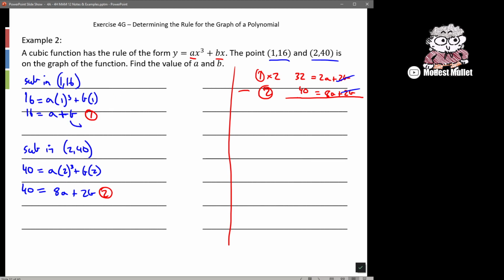But I can also rearrange equation 1 to make a equal to 16 take away b. Might just call that equation 3 for now.